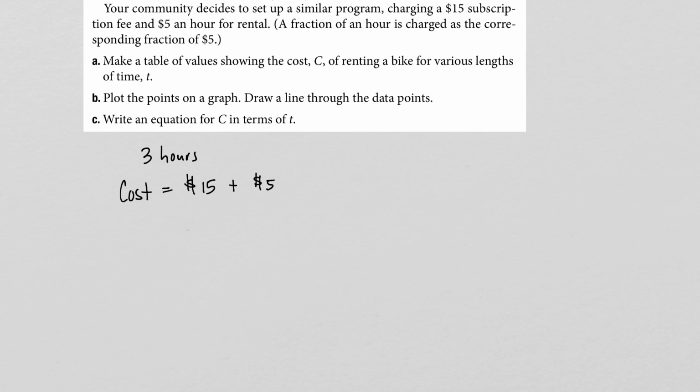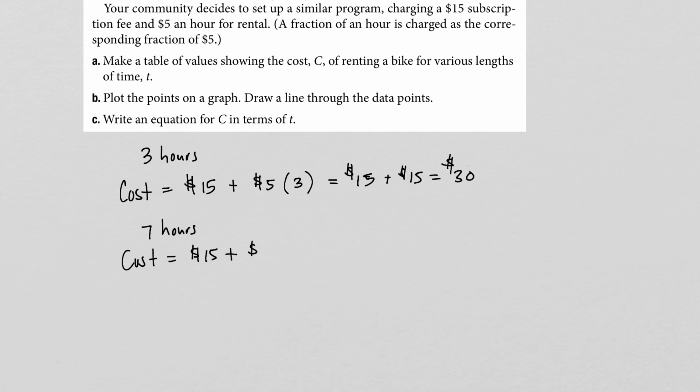So that's going to be $5 multiplied by 3 hours. This would be $15 plus $15, which is $30. If we rented the bikes for 7 hours, let's say, the cost is going to be $15 subscription fee plus $5 multiplied by 7. And this is going to be 15 plus 35, which would be $50.